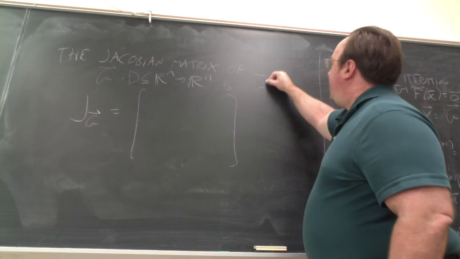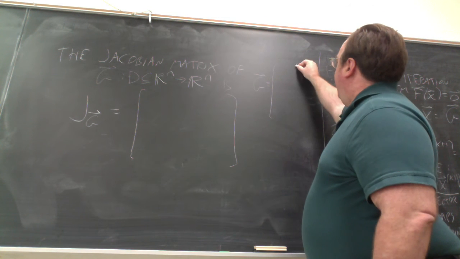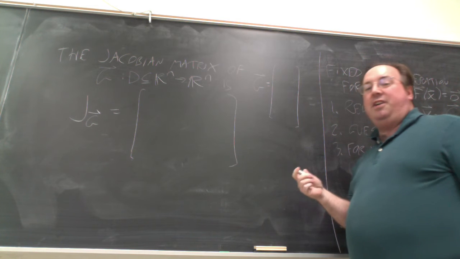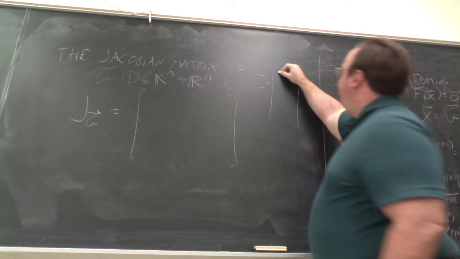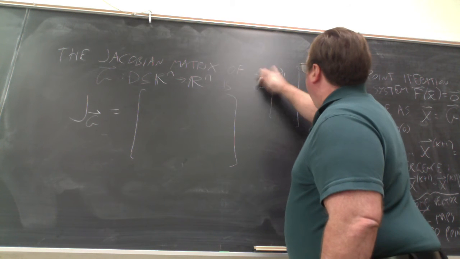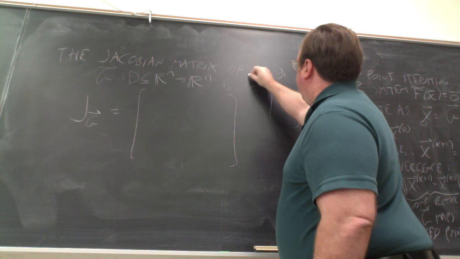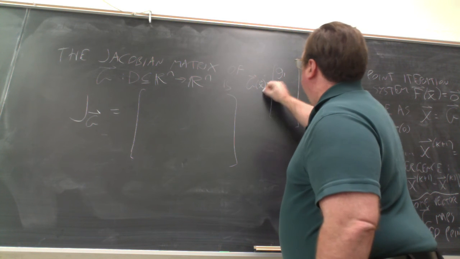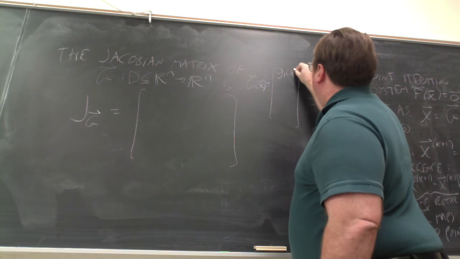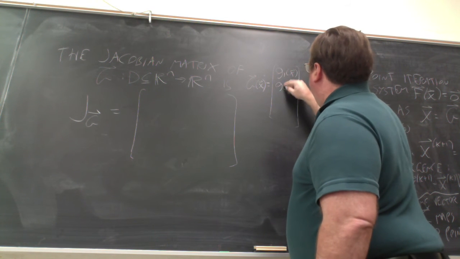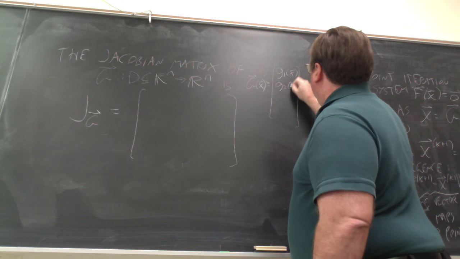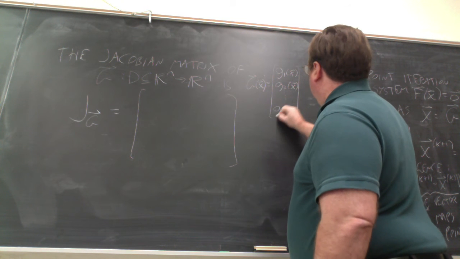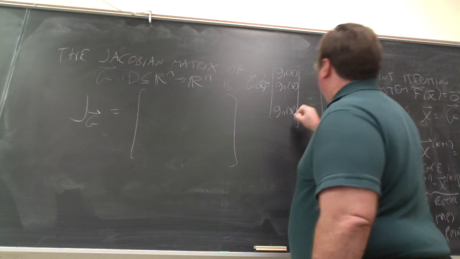And g, since it is a vector valued function, has component functions. Actually, I should write this as g of x is g1 of x, g2 of x, up to gn of x.